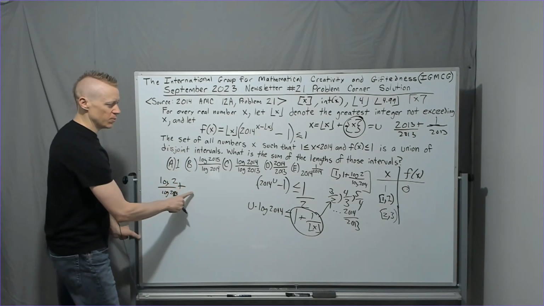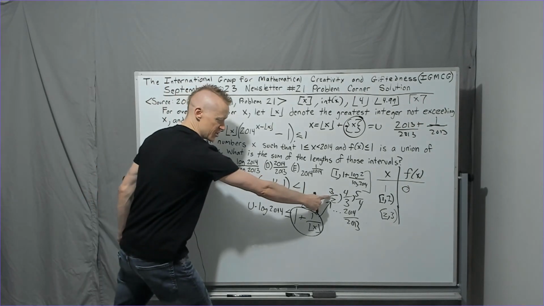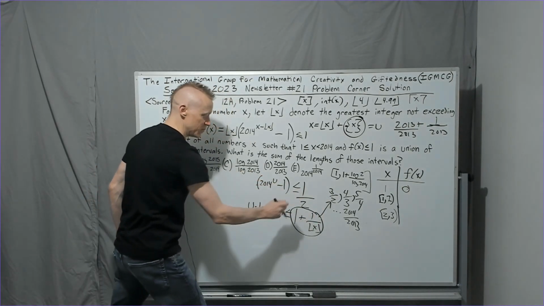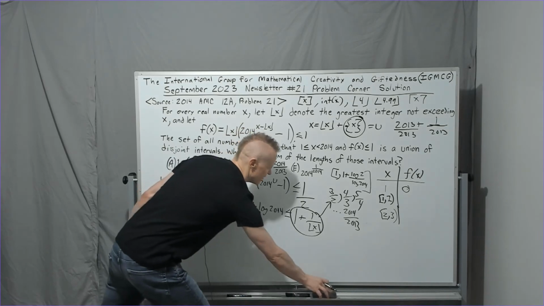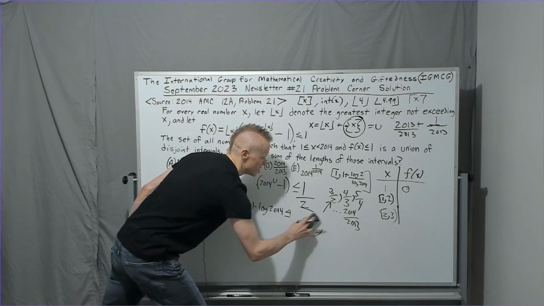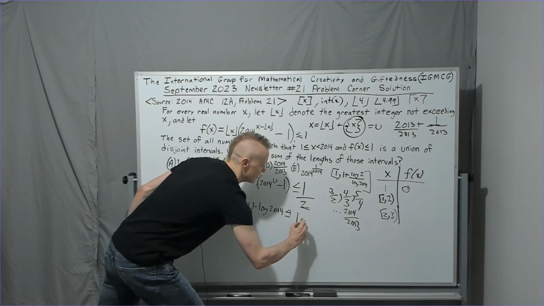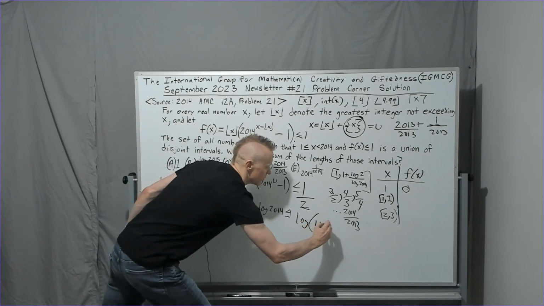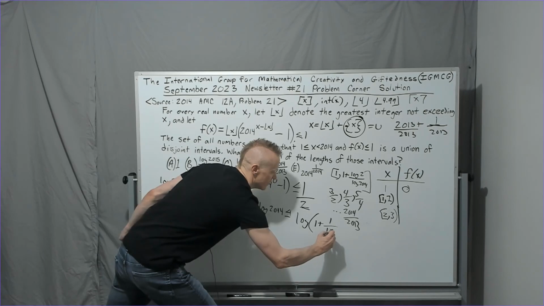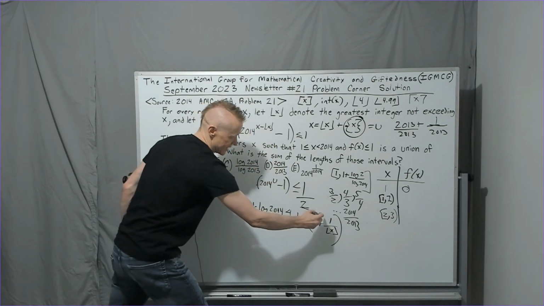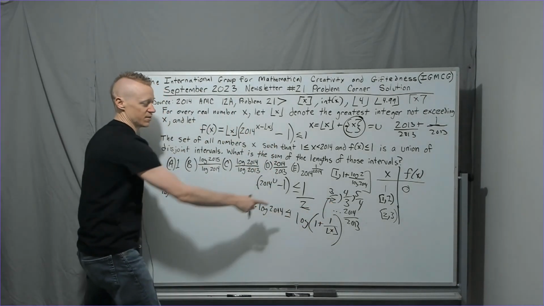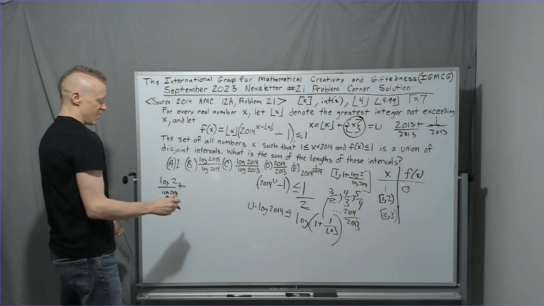So next up would be what? If I'm doing the 3 over 2, that's this expression, but it would be in a log, right? I should have written that too. Let's write that, just so I don't confuse people. It's going to be log of 1 plus 1 over that right there. And the argument of the logarithm is up here, okay?